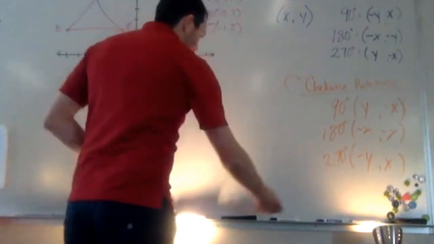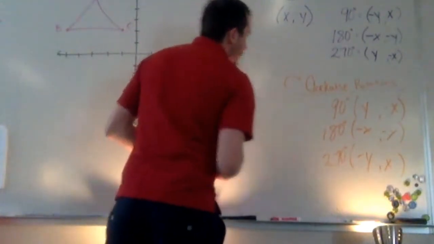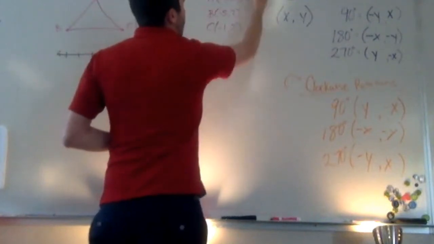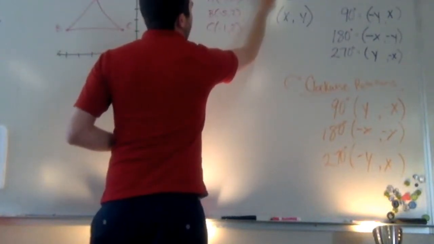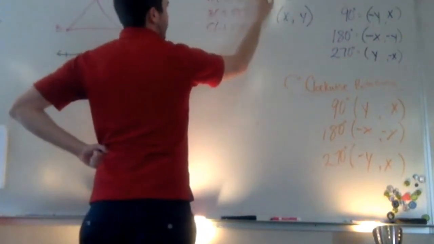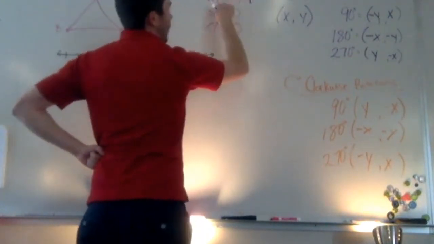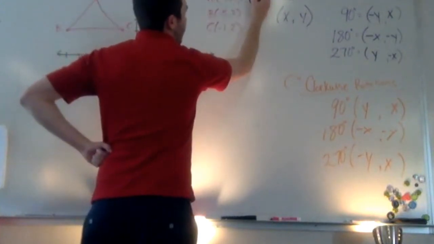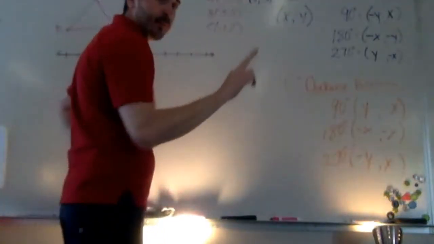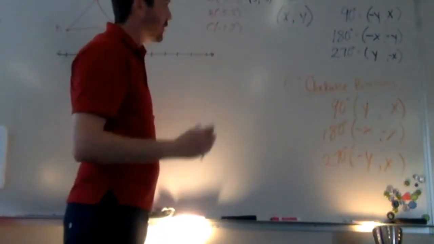So my y and my x are going to switch. So instead of -3, 5, I'm going to have 5, -3. That's my x and my y flipping positions.